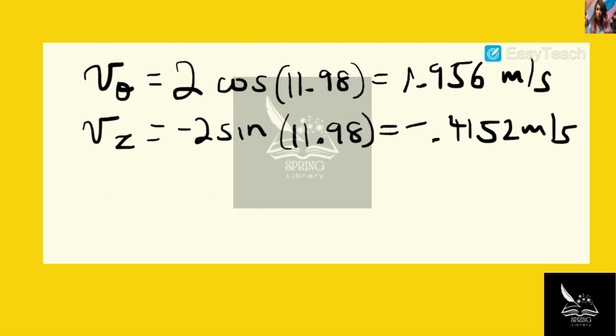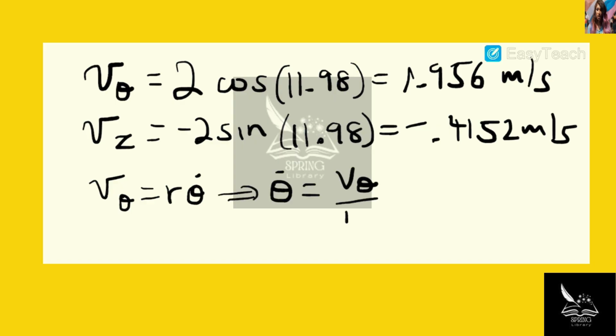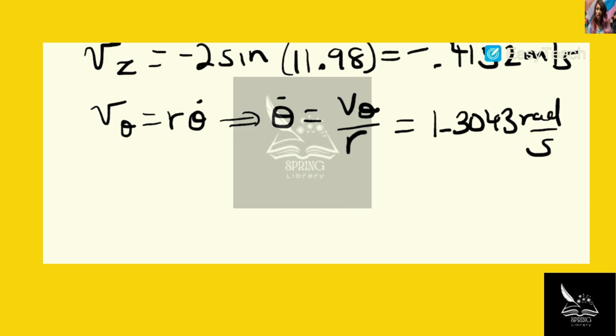Next, we can say that v theta is equal to r theta dot. Therefore, theta dot is equal to v theta over r, which gives us a theta dot equal to 1.3043 radians per second. We can use this with our theta dot to solve for our net force in the radial direction.